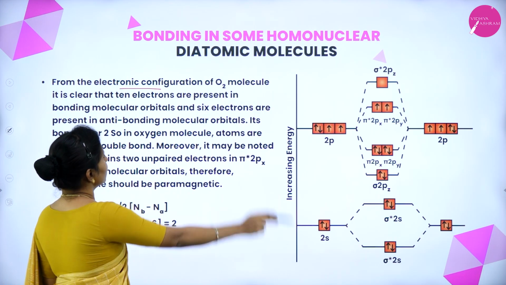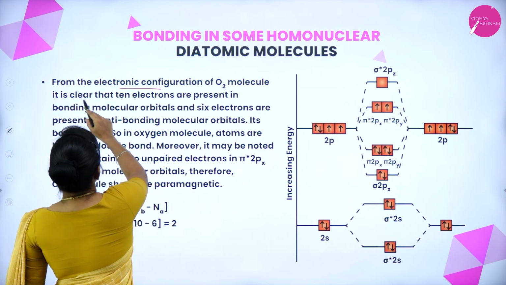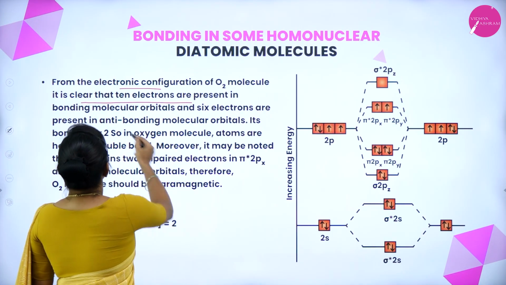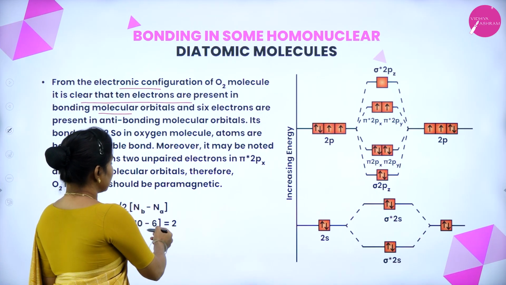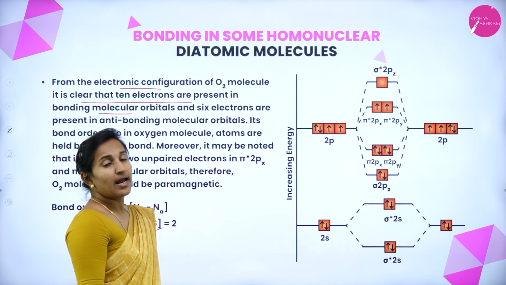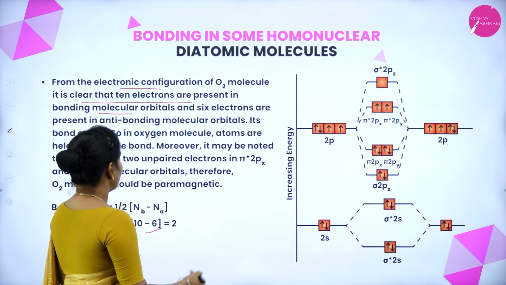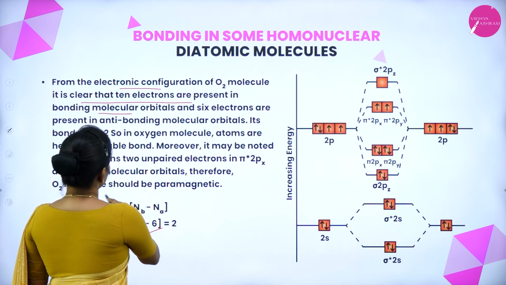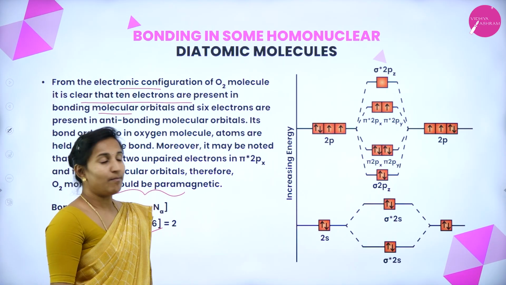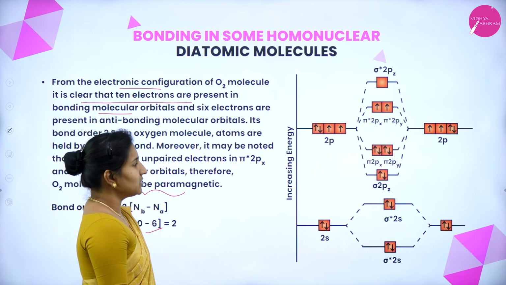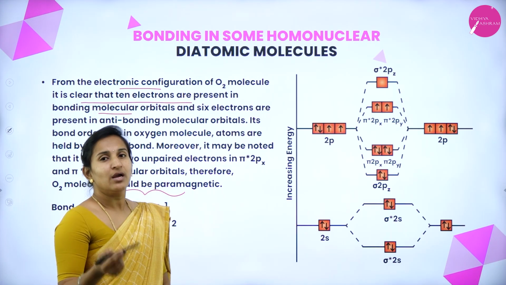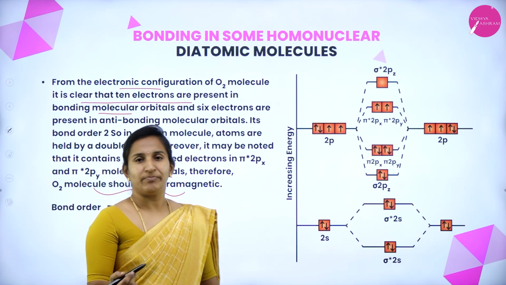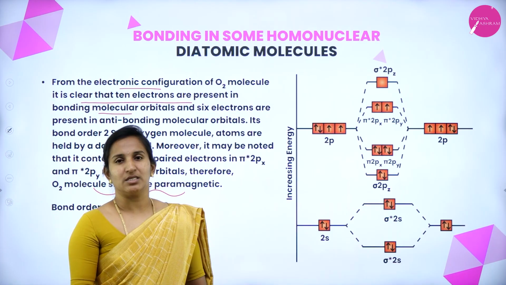From this configuration, it is clear that 10 electrons are present in the bonding molecular orbitals and 6 electrons in the anti-bonding molecular orbitals. The bond order is 2 and the molecule should be paramagnetic. Why? Because there are unpaired electrons present in the molecular orbitals of the oxygen molecule. So, it is considered paramagnetic in nature.